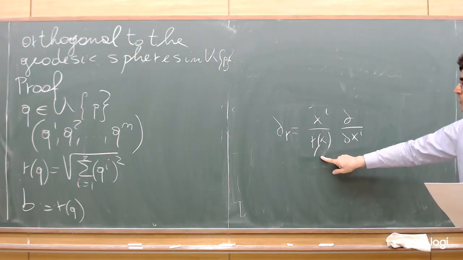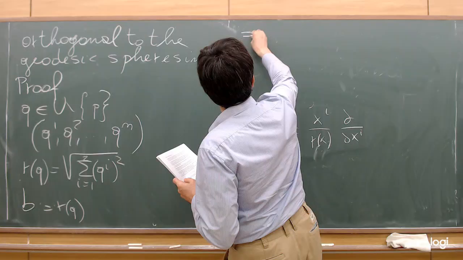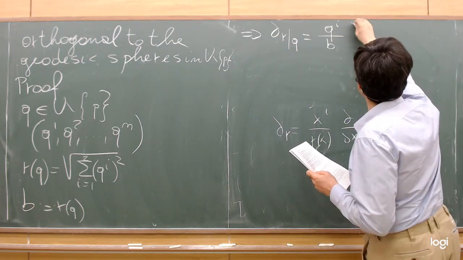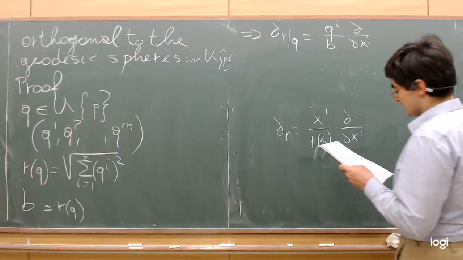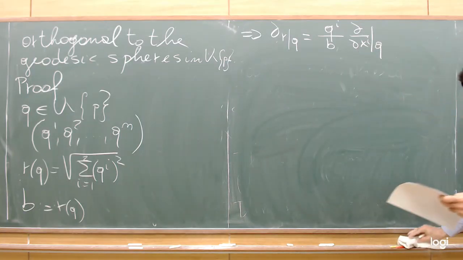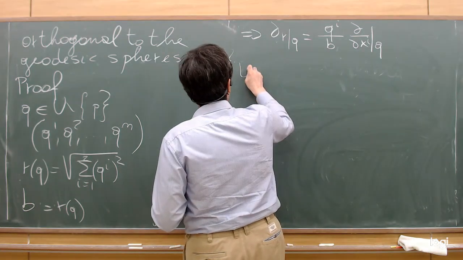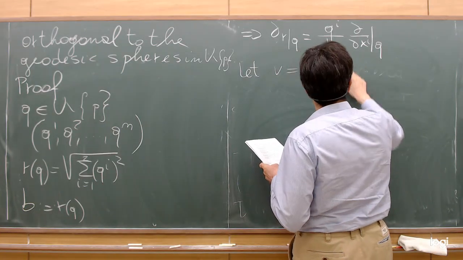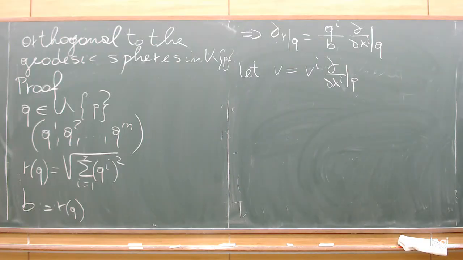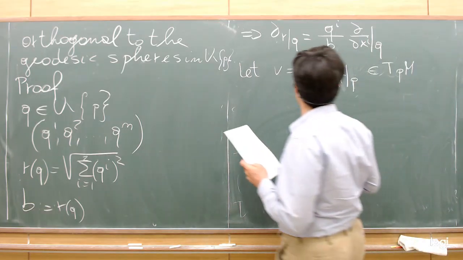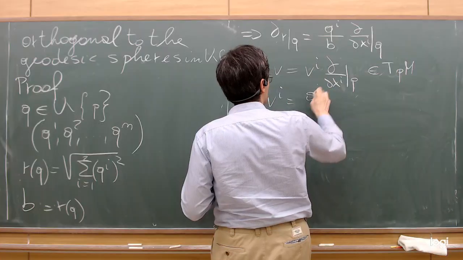Then if we use this formula, we get that delta R at Q is given by Qi over b d/dxi at Q. Now let V be a vector in TPM with Vi equal Qi over b.